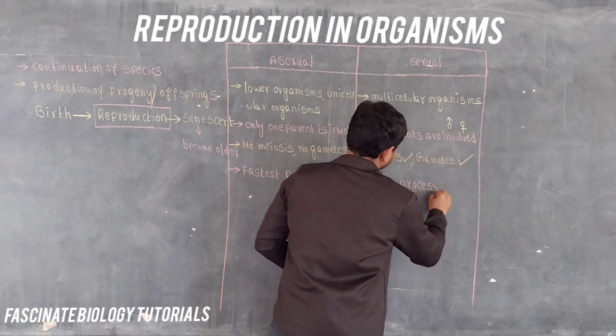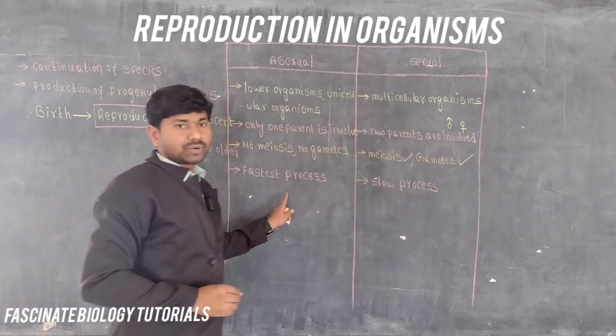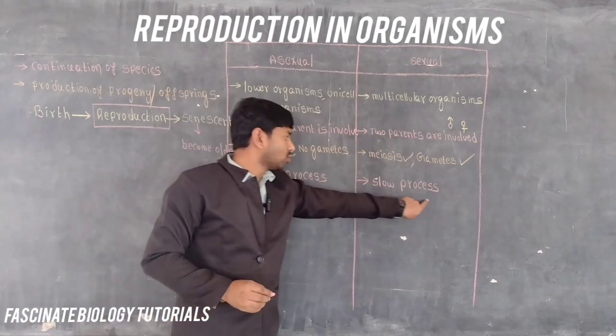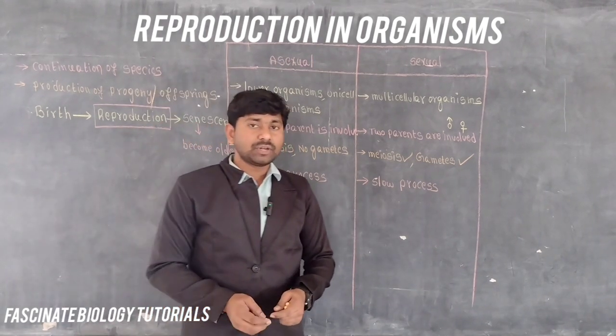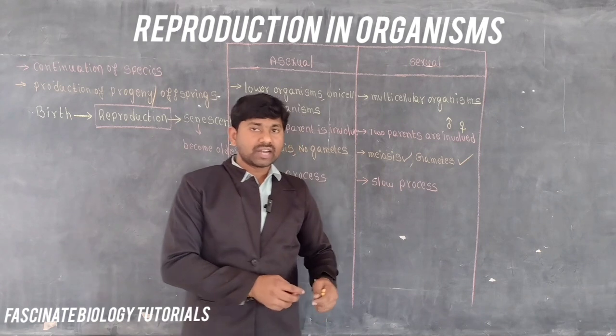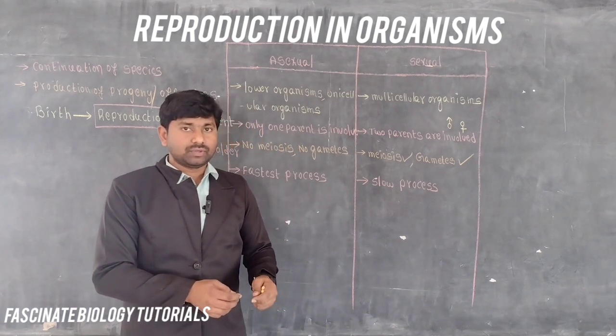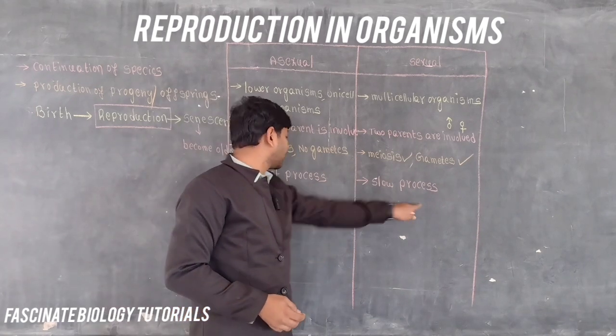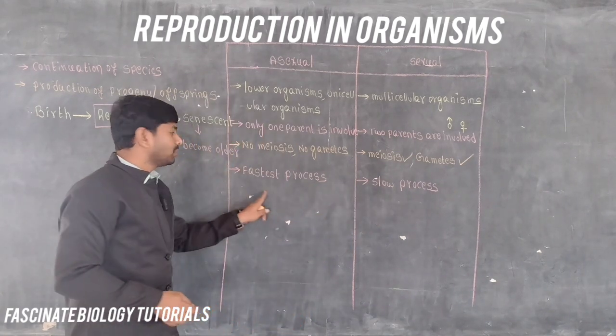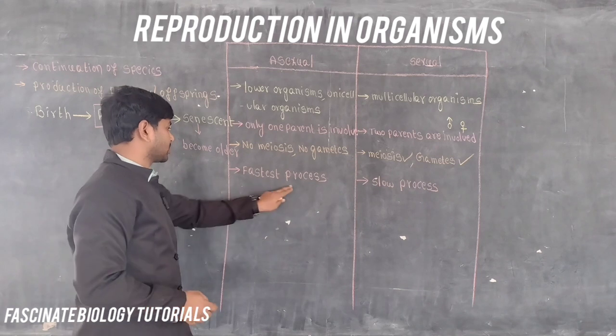For example, take human beings. A newborn baby takes approximately 9 months, and after 9 months the baby comes out of the mother's womb. Hence it is a slow process. But in asexual reproduction, a specific time is not mentioned. It is a fast process.